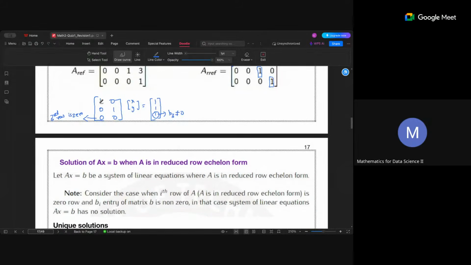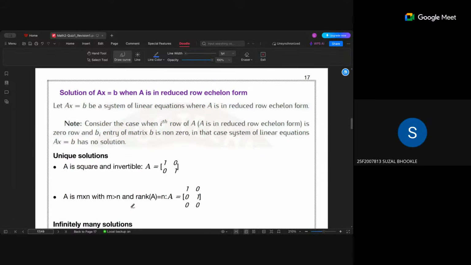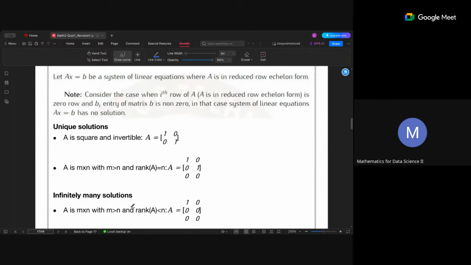So if my third row in my RREF is 0 and this B3 is non-zero, then the system has no solution. Because what happens? On the LHS you have 0 and RHS is non-zero. So you have no solution. Is that clear? What does this note tell you? Yes. Okay. So now what are the different scenarios?